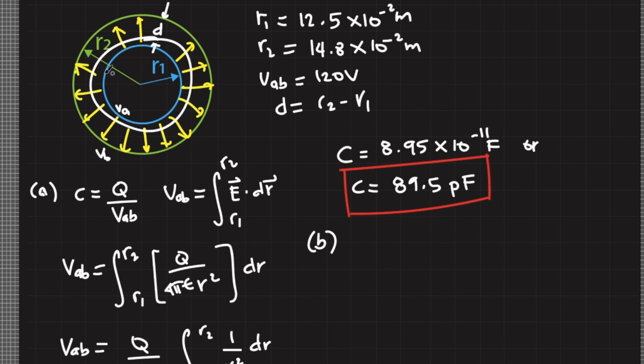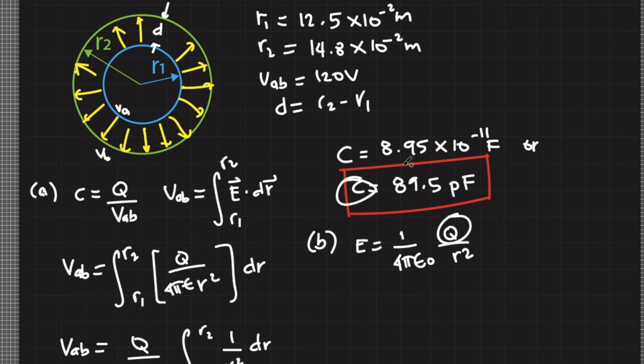And from the previous video, this is just equal to the electric field of a point charge. Notice that we don't have a value for Q, but we already have a value for capacitance. So we could just plug in the definition of capacitance here since we also have a value for voltage.